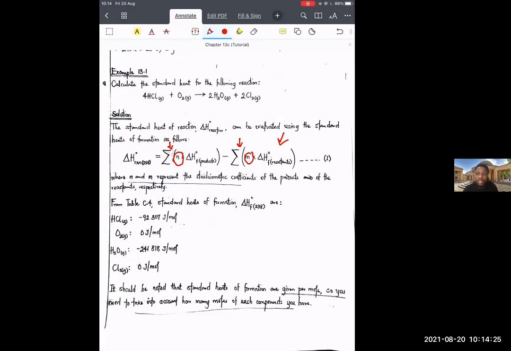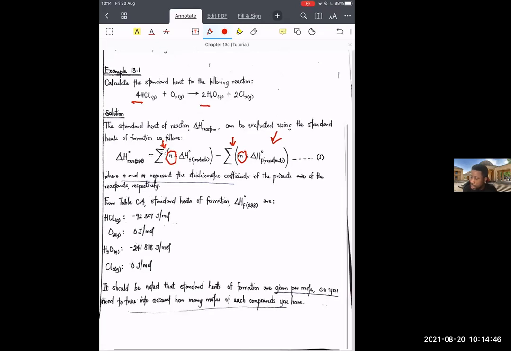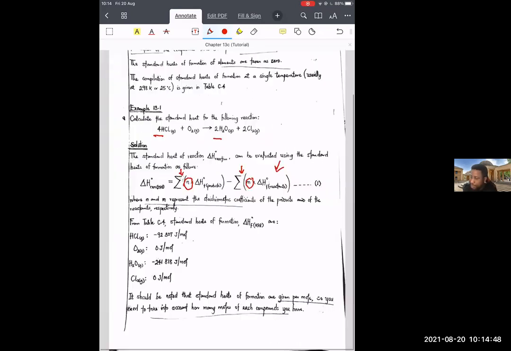That is why you need to ensure that in your calculations you incorporate the stoichiometric number of moles. So we have 4 for the HCl, and then we have 2 for water. 4 for HCl, 2 for water or steam, since it's in the gaseous state.